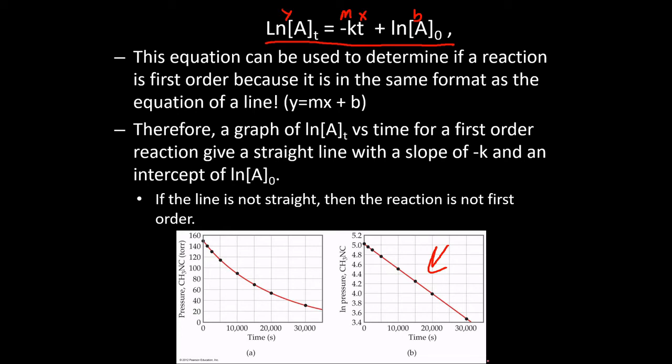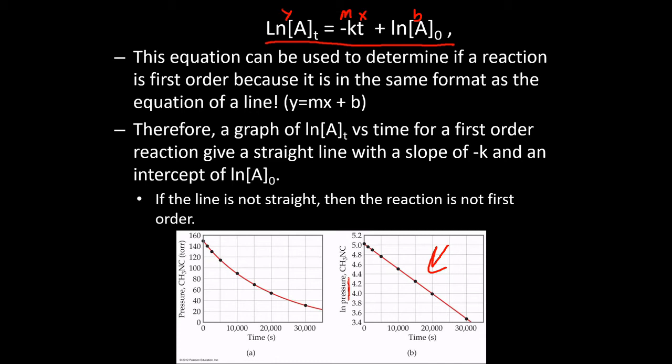So one of the big clues, and some of you that have been working through the Crystal Violet lab online have been doing this same thing here. If you plot data for the natural log of the concentration, and I know here it's doing natural log of pressure, but it works for pressure as well, but we're going to go ahead and stick with concentration. If you plot the natural log of concentration versus time, and you get a straight line, that means your reaction is first order.